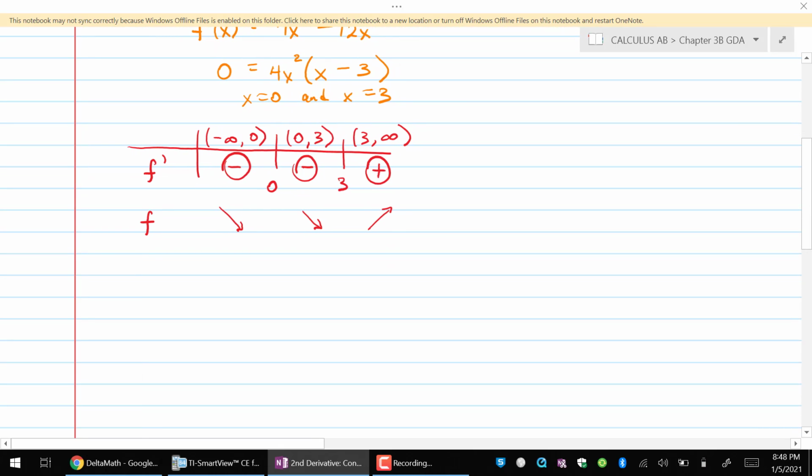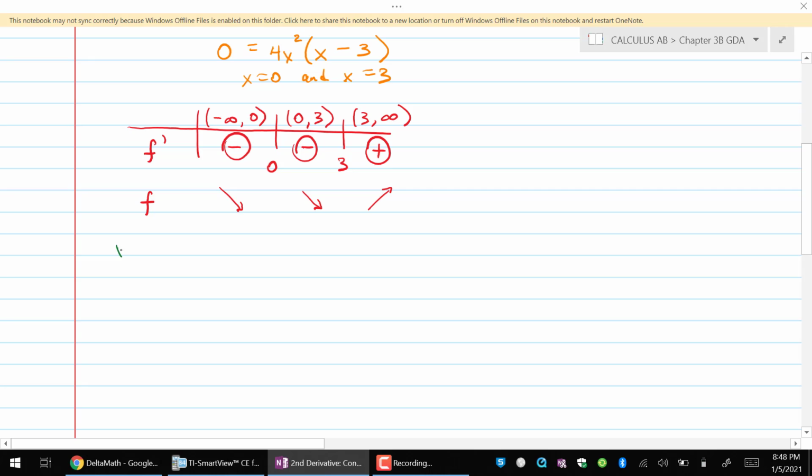I would say on my FRQ, or if I'm asked to justify, I would say that x equals 3 is a local minimum because f prime changes from negative to positive. It's a very nice specific answer with justification.